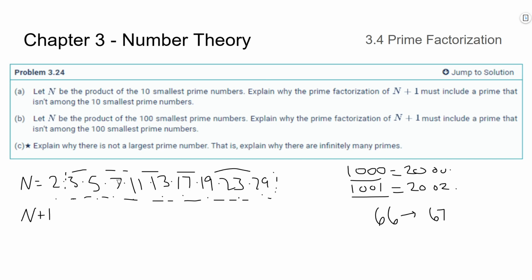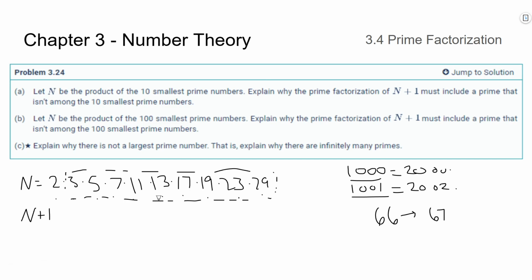If it was divisible by 7, now n plus 1 is no longer going to be divisible by 7 or 11 or 13 or any of these numbers going up to 29. It will no longer be divisible by 29, for example, because if n was divisible by 29, now n plus 1 will not be divisible by 29 any longer.